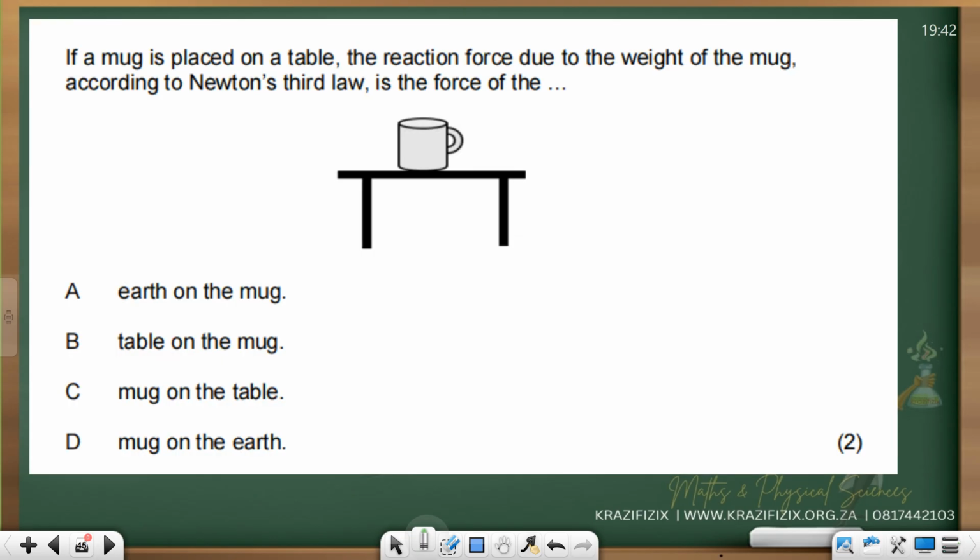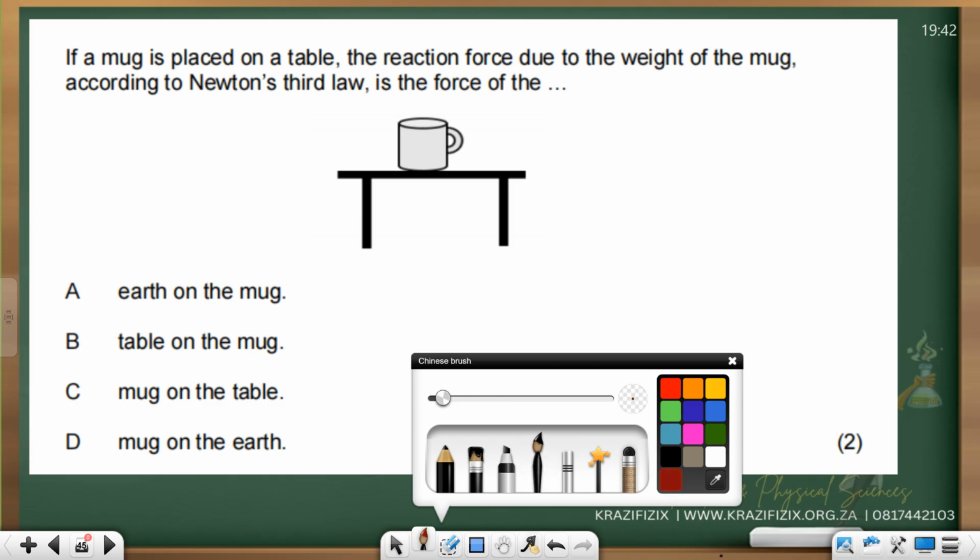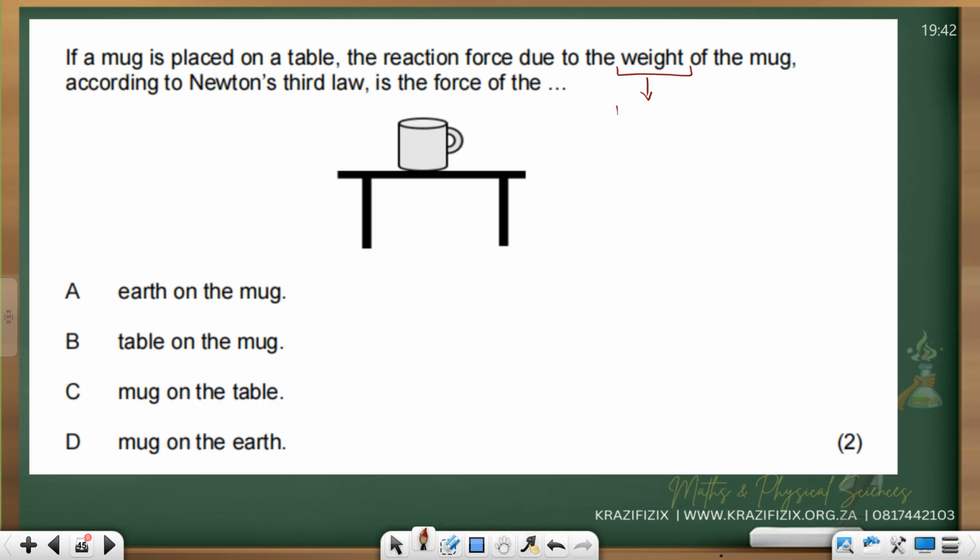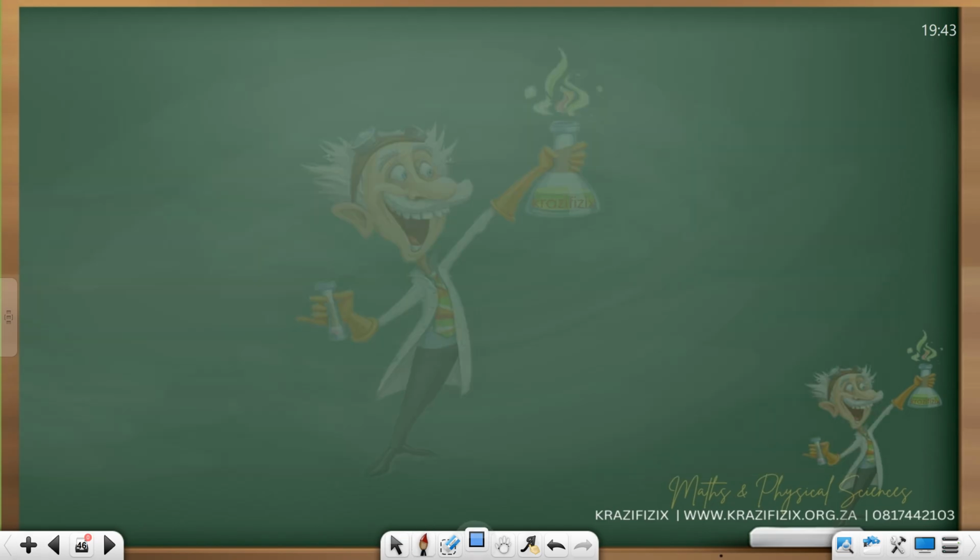So if I say weight here, it is force of earth on the mug. Now, just go the other way. Our answer would be mug on earth. D. Please take note of my notes. Answers are always in the note.